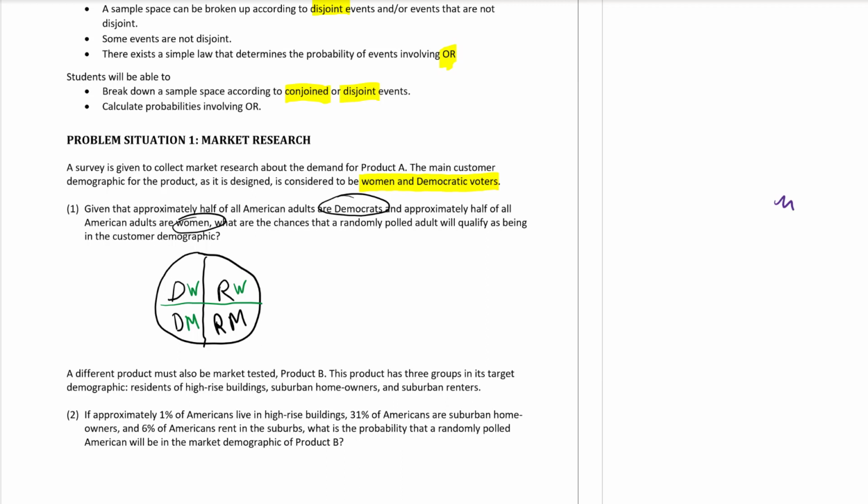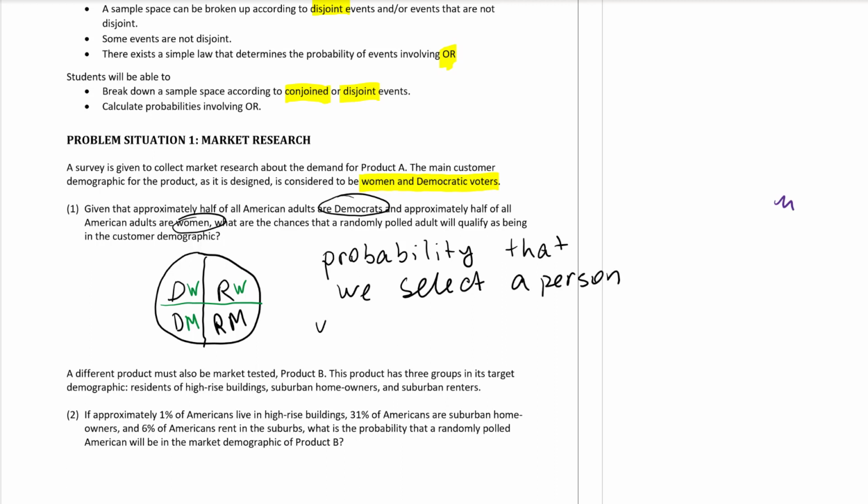So if we want to write this in probability terms, we'll say, what's the probability that we select a person who is either a Democrat or a woman?